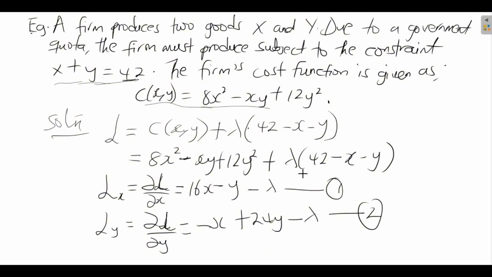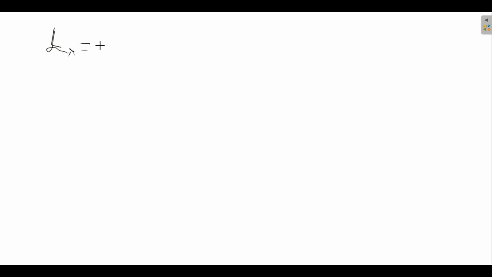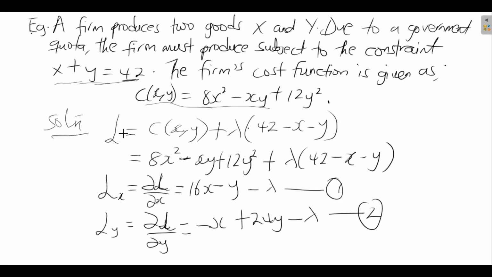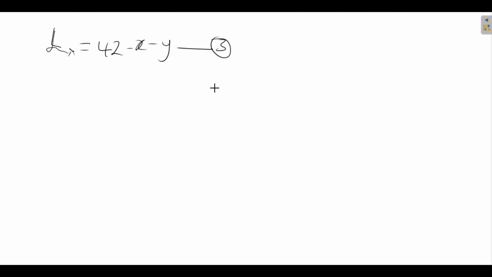Now, when we take the partial derivative of this whole thing with respect to lambda, we are just left with 42 minus x minus y. I hope you can see that. You call this equation 3. So we have three equations: equation 1, equation 2, and equation 3. Out of these equations, we are going to find the values of x and y.